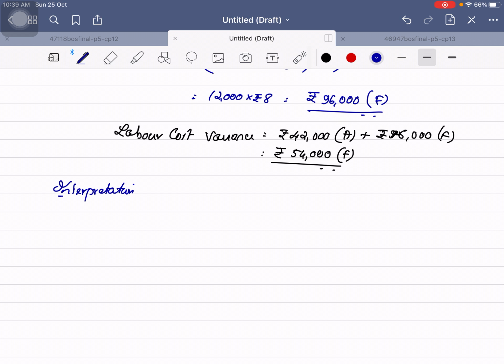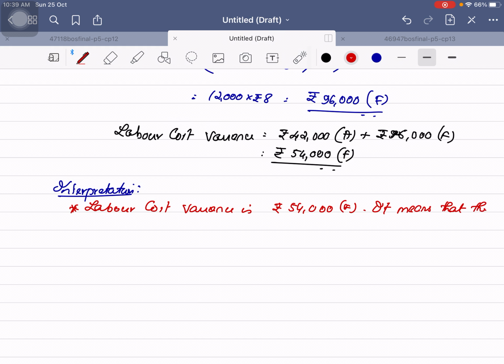Interpretation. What is the interpretation you can give? Labor cost variance rupees 54,000 favorable. It means that the actual labor cost is lower than the standard labor cost.